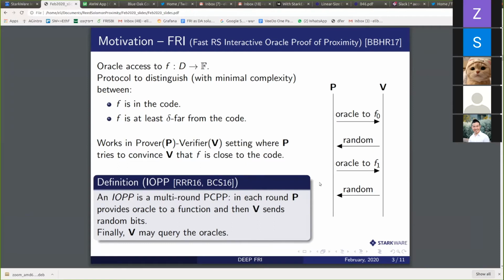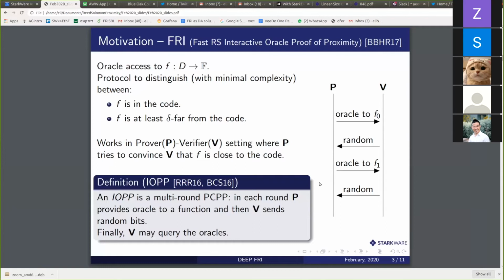And the particular model we have is this unrealistic model, but very convenient from a mathematical point of view. And it's called an IOP of proximity. So, it's depicted here on this little diagram. So the prover, I like to refer to these as USB sticks. So maybe that's a good analogy.